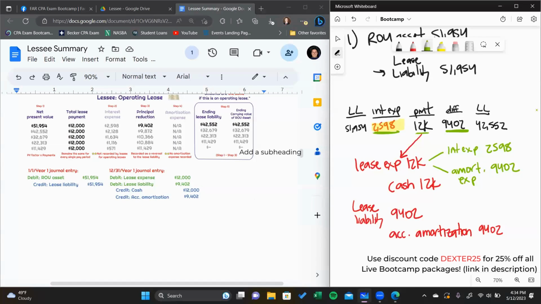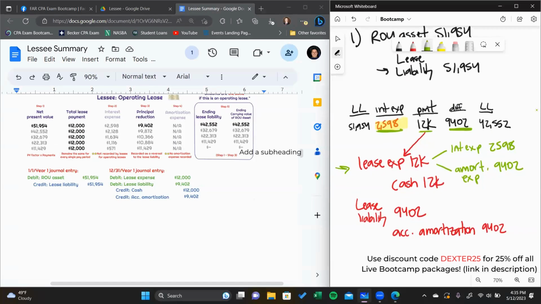But basically, by debiting lease expense, we're hitting that account for the amount of interest, and then we're plugging for our amortization expense. But they're not going to test you on the interest expense or the amortization expense. They're going to ask you specifically about lease expense. But I think it's helpful to understand that lease expense is really just a combination of interest and amortization, with amortization expense just being the plug, right?